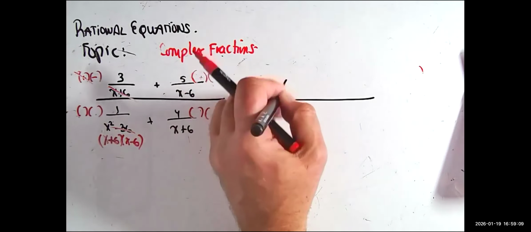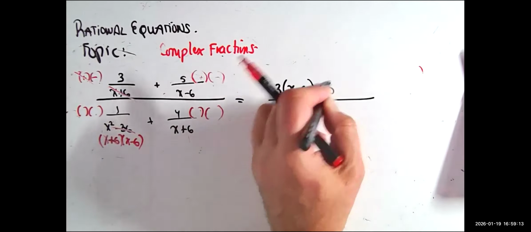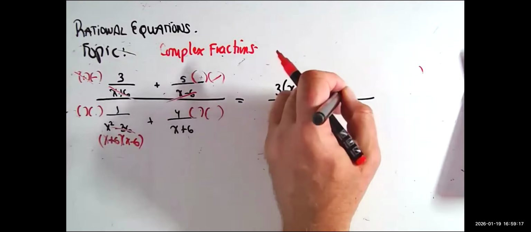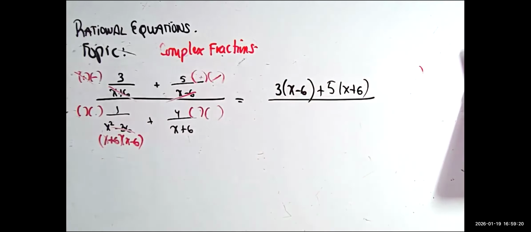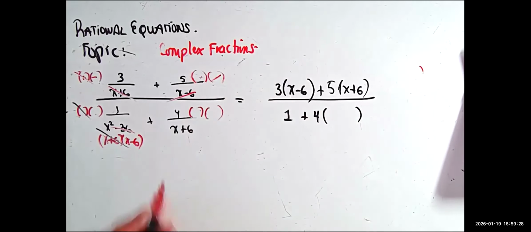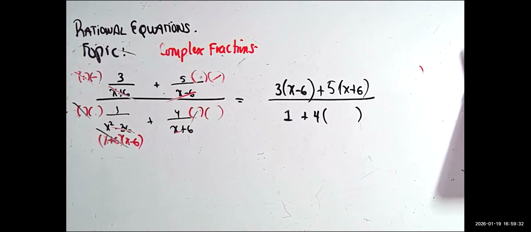We have 3 parentheses x minus 6 plus 5 times what? X minus 6 cancels, so that would be x plus 6. Here, both of them cancel, so it will be 1, plus 4 times something. X plus 6, bye-bye, so it will be x minus 6.